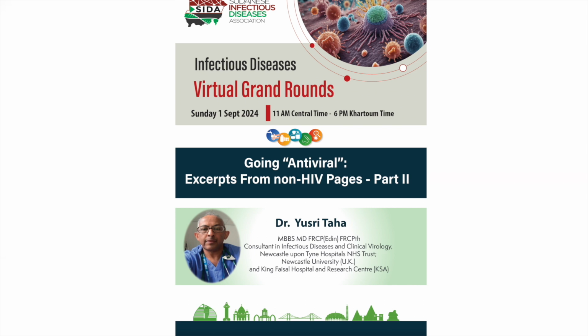As you mentioned, for example, HSV and VZV are more common than EBV PTLD in hematopoietic stem cell transplant. Do you think there are host factors leading to the control and the proliferation of EBV? That's why it is less common as compared to the other herpes viruses. So EBV and PTLD in hematopoietic stem cell transplant.